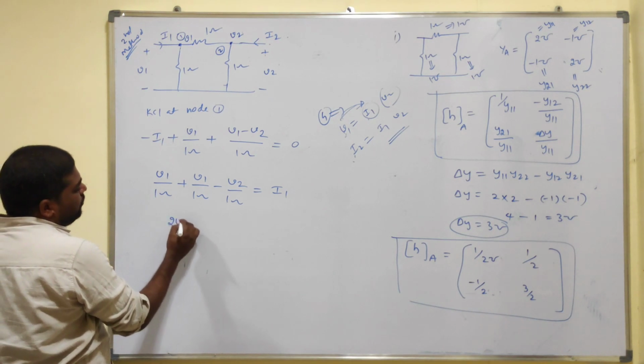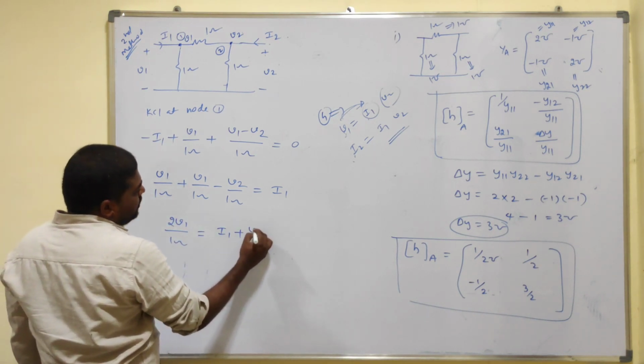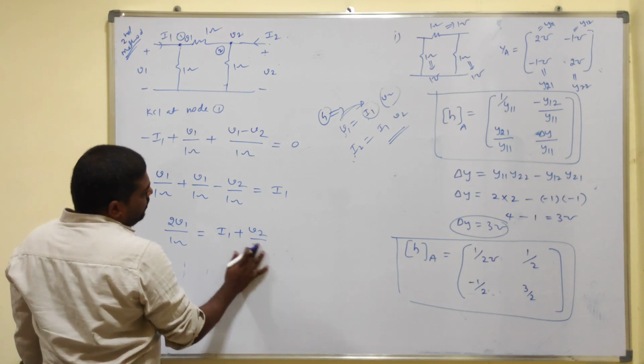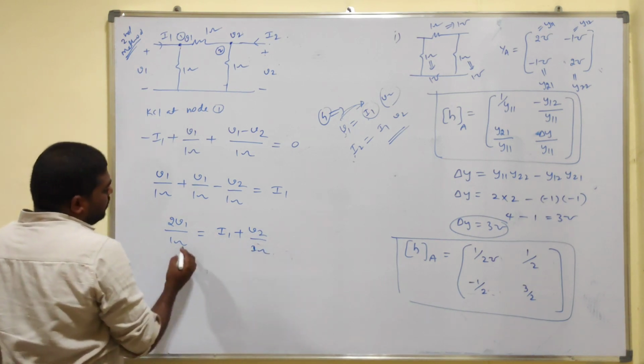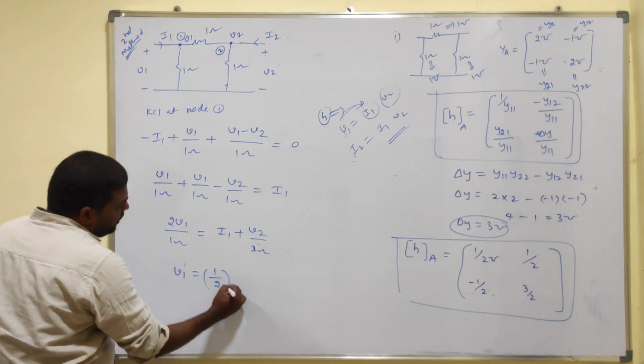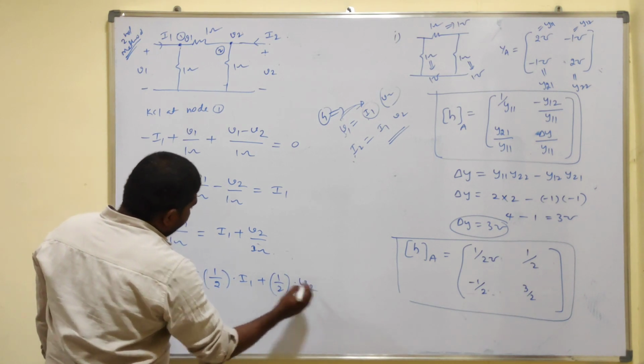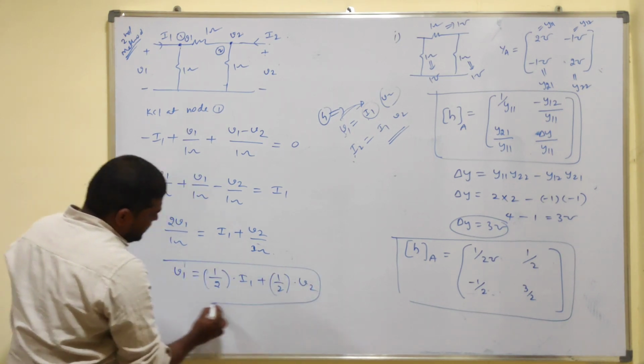Now 2V1 by 1 ohm equals I1 plus V2 by 1 ohm. Now V1 equals 1 by 2 into I1 plus 1 by 2 into V2. This is your first expression.